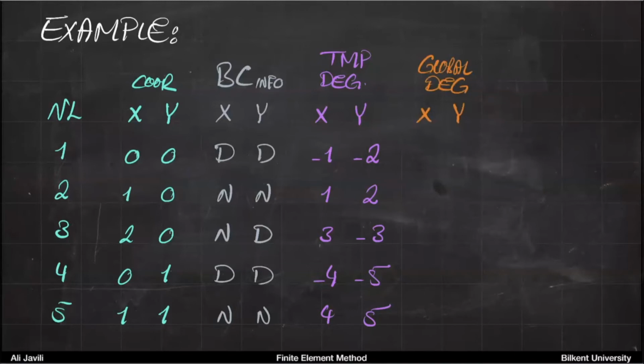And as we mentioned, the plus numbers remain the way they are. The minus numbers, their absolute value would be added to the largest plus number, which is the degrees of freedom. So you get 6, 7, 8, 9, 10.